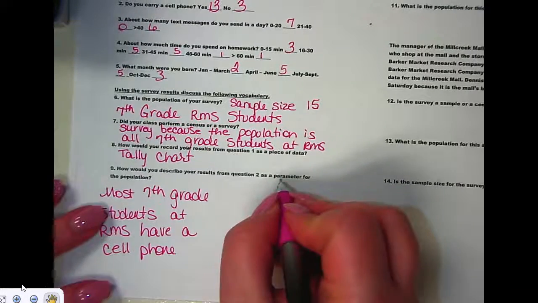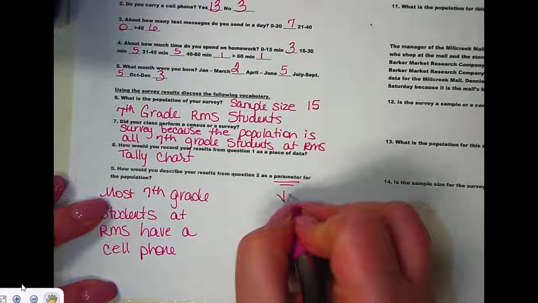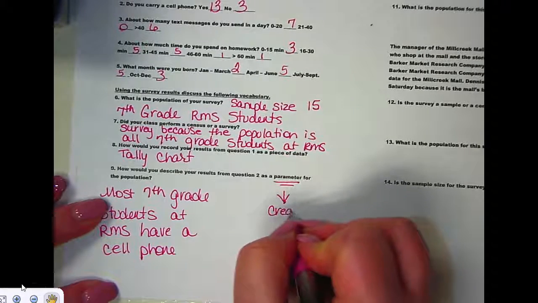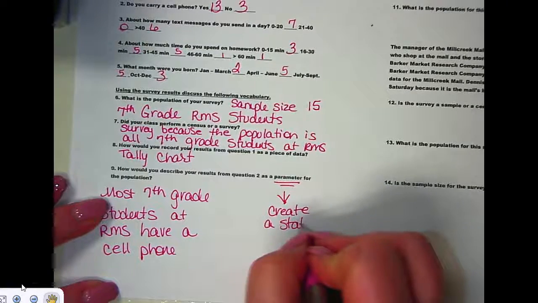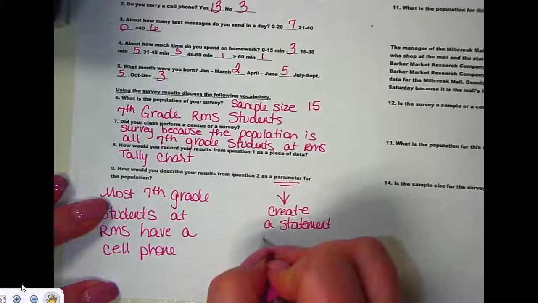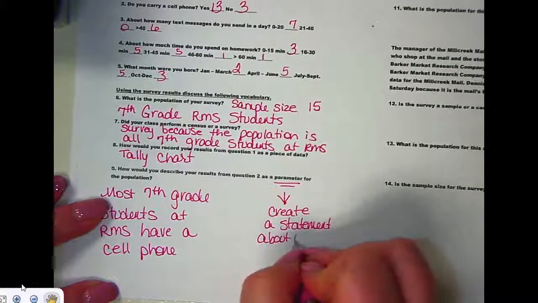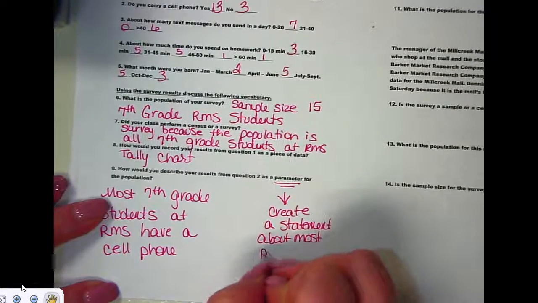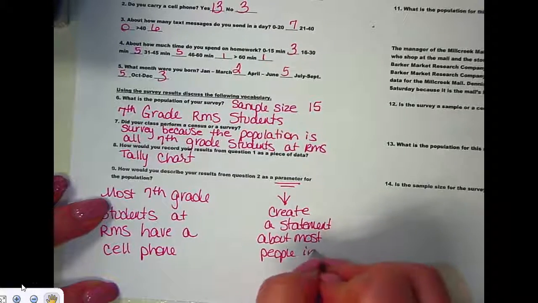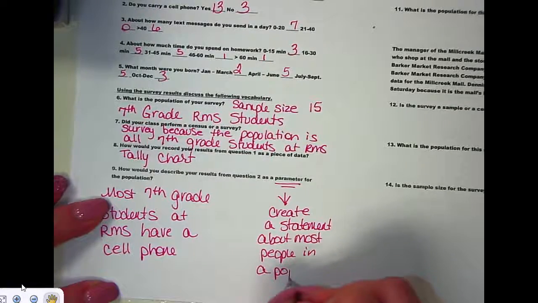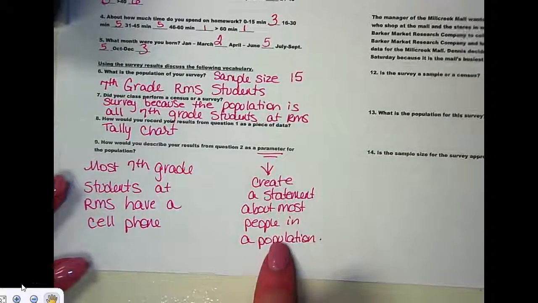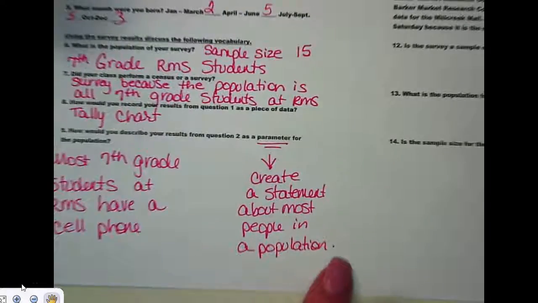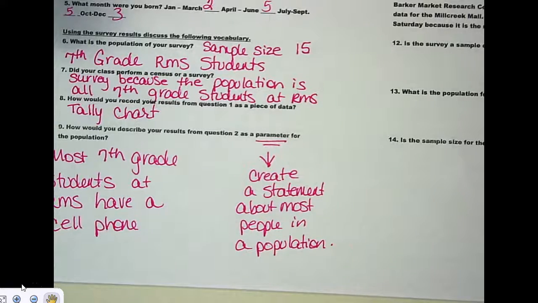Okay. Parameter means to create a statement about most. I think that you need to write on your paper what parameter means. That means that you're going to create a statement about most people in that population.